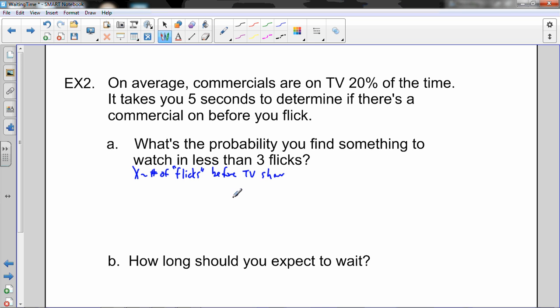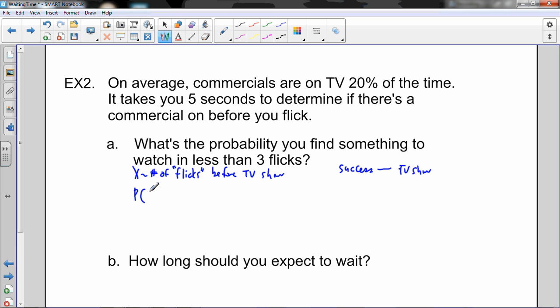And what's the probability you find something to watch in less than 3 flicks? Well, success is not necessarily something you want to watch. It's any TV show, right? Flicking to any TV show.